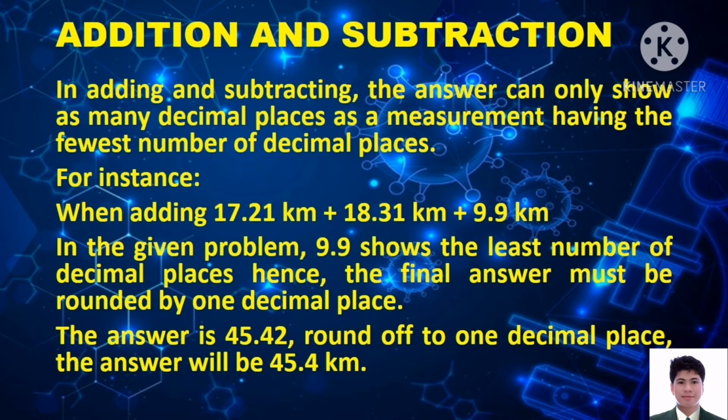For instance, when adding 17.21 kilometers plus 18.31 kilometers plus 9.9 kilometers. In the given problem, 9.9 shows the least number of decimal places. Hence, the final answer must be rounded to one decimal place.